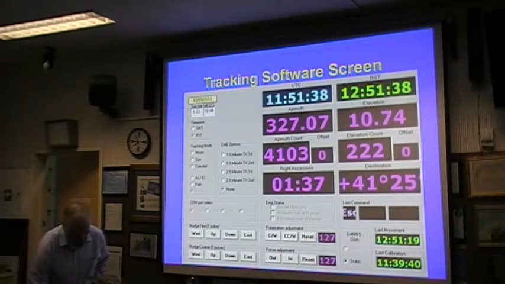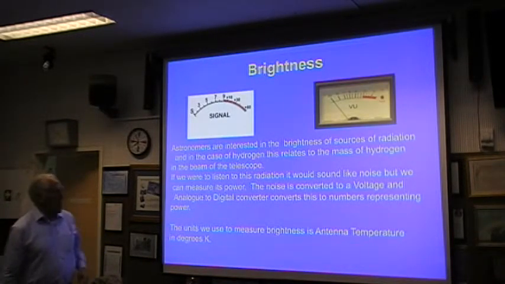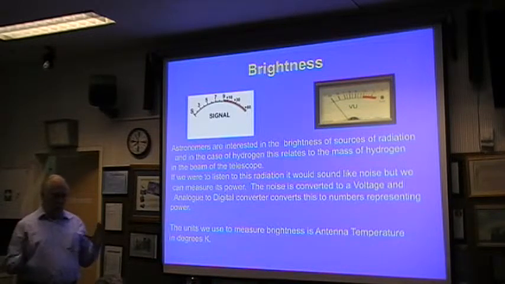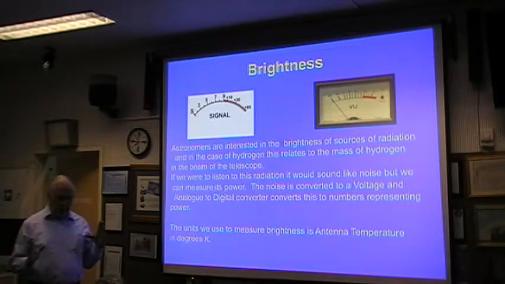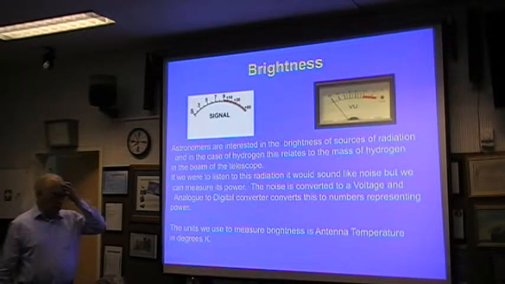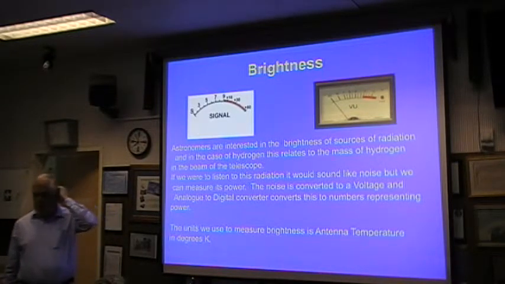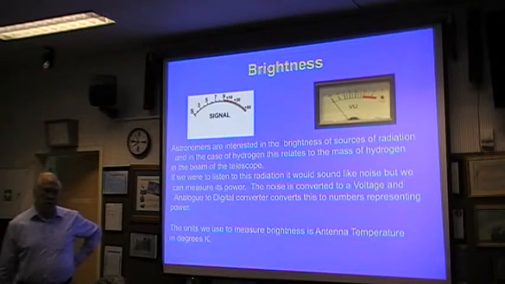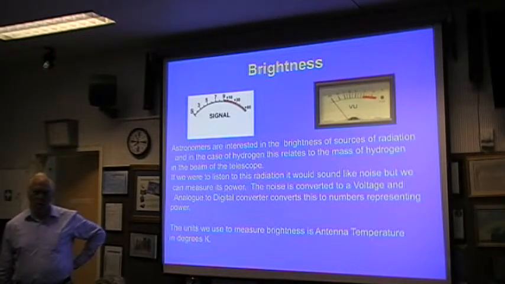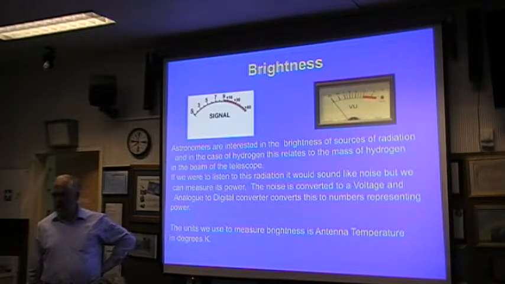So what we're going to do is scan a chunk of the band where we're expecting to find this hydrogen line radiation, and basically digitally watching the S-meter, if you like. Now, astronomers talk about brightness. They're obsessed by the brightness of objects, and the unit that they use to talk about brightness for radio astronomy is called antenna temperature.